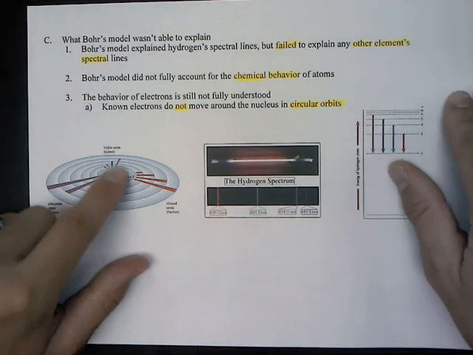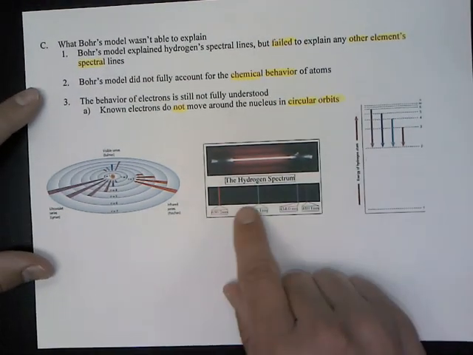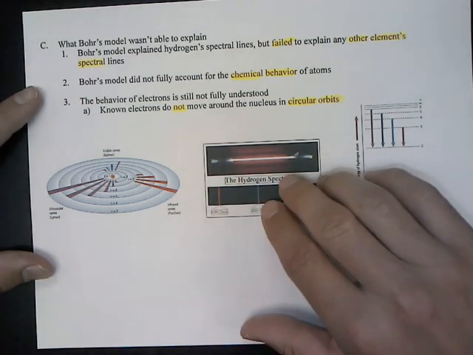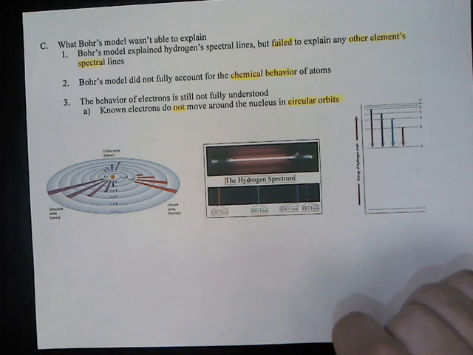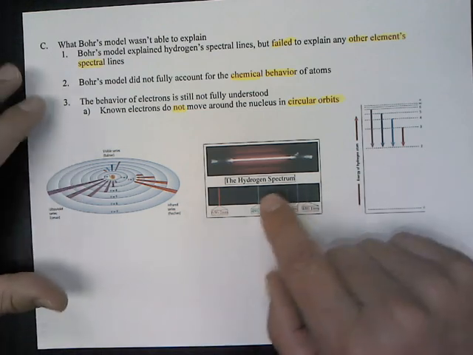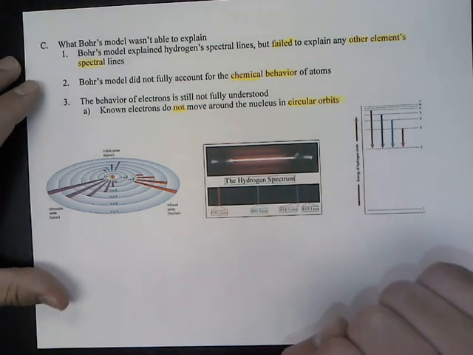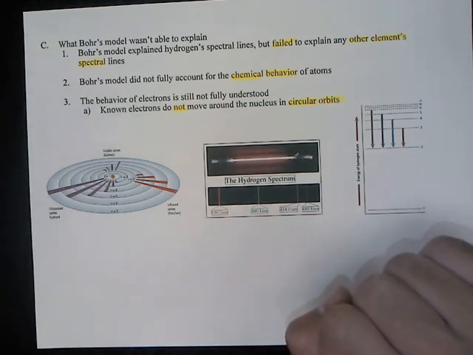Bohr said there are these rings, and he was perfectly able to account for the hydrogen emission spectrum based on all that information. But when they went to the next element, number 2, helium, the reasoning Bohr gave to explain hydrogen's emission spectrum couldn't be used to explain the chemical behavior of helium.